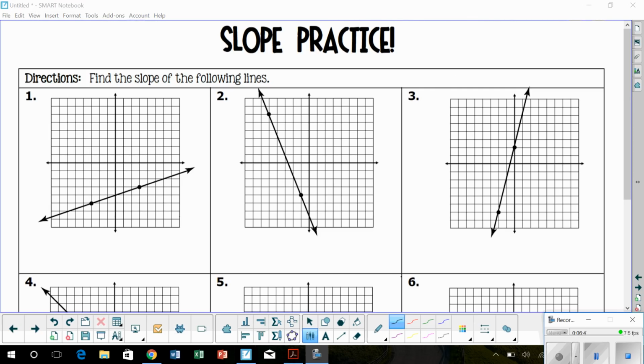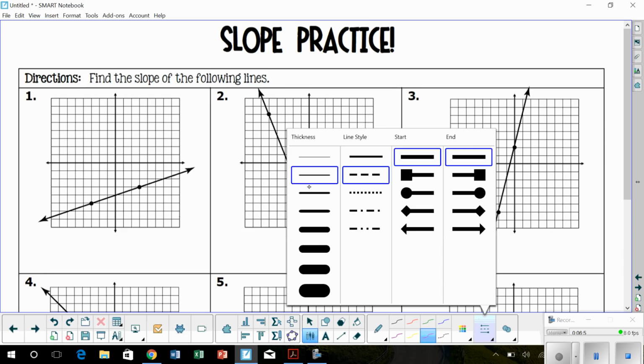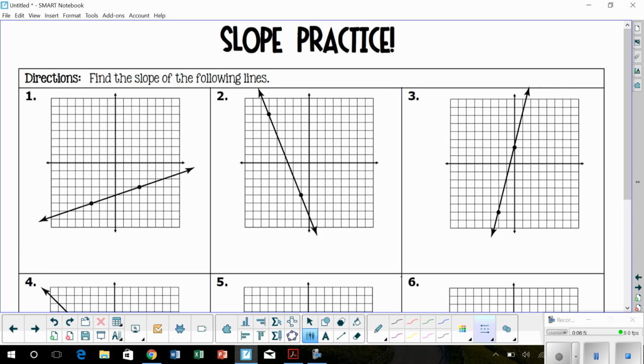Okay, so if we're going to practice the slope here, you're going to go left to right again. Start here, we're going to go up 1, 2, and over 1, 2, 3, 4, 5, 6. So the slope is going to be 2 over 6, which is 1/3.